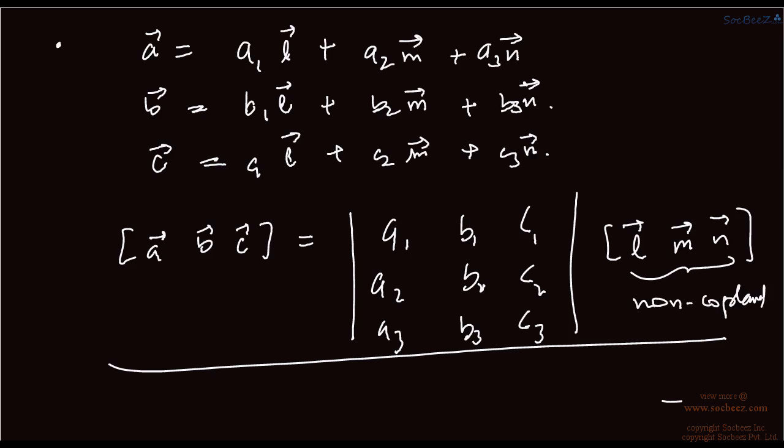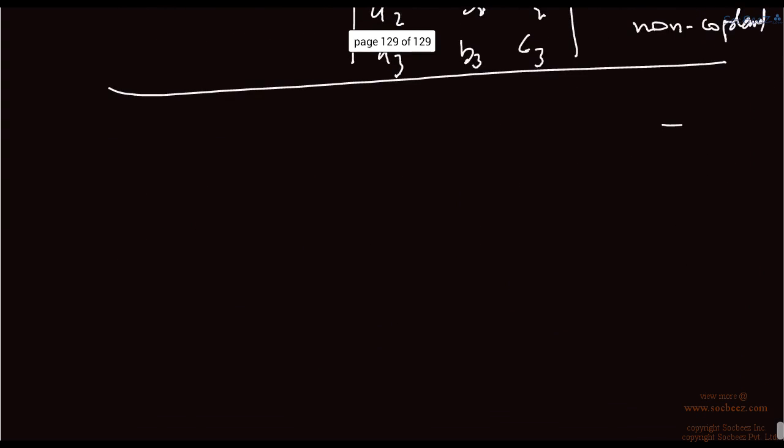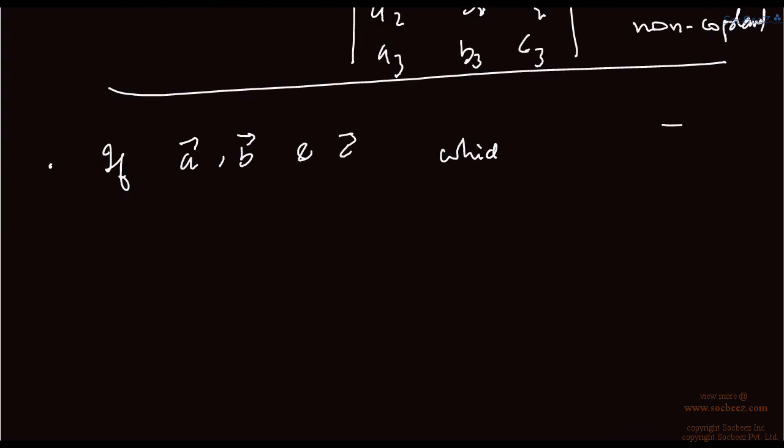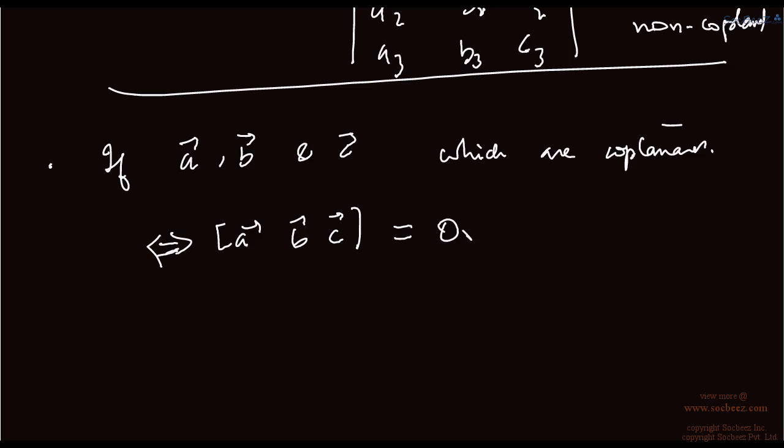Fine. So the next point that can be derived is, if you have three vectors A vector, B vector and C vector which are coplanar, then the scalar triple product of these three will be 0, because A cross B will be perpendicular to this plane and C is in this plane, as they are coplanar.